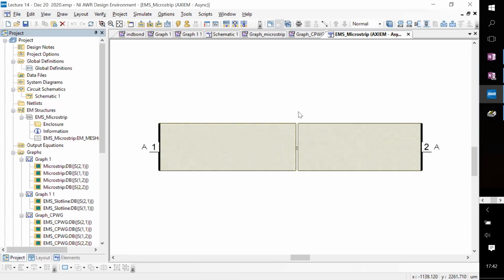So how does one characterize such a structure? What kind of measurements one can do? Some of these measurements which are possible in Microwave Office, which is a simulator, are not exactly possible in a real instrument, and I'll sort of hint at how, but there are ways to convert them from one to the other. Okay.